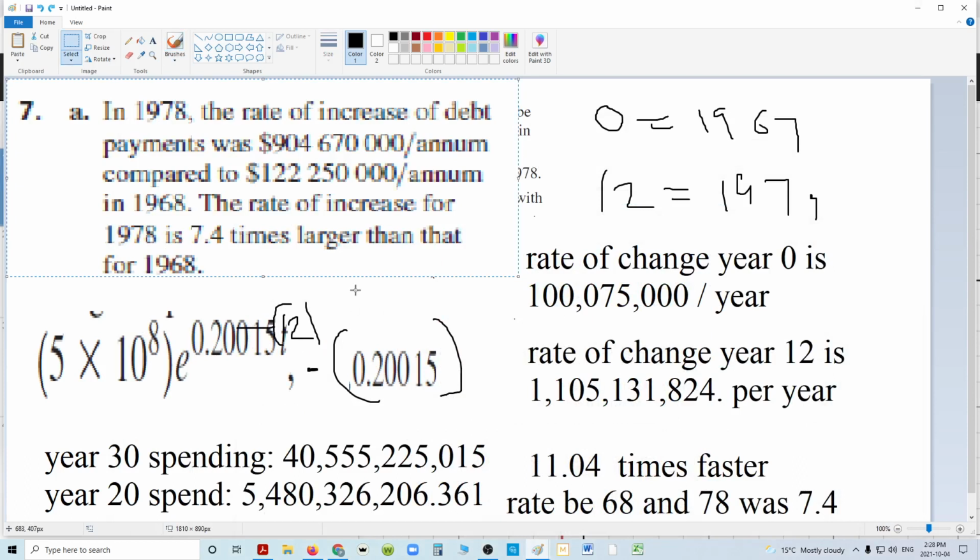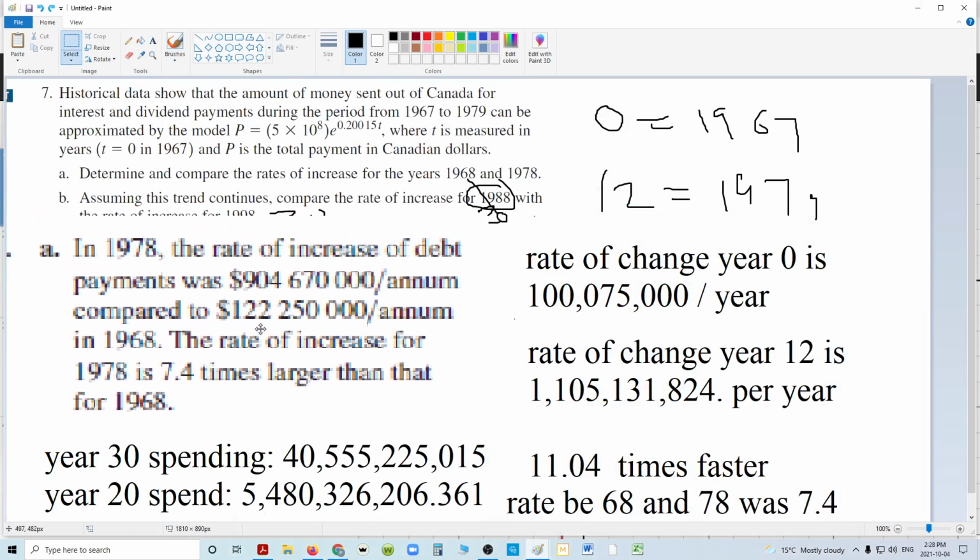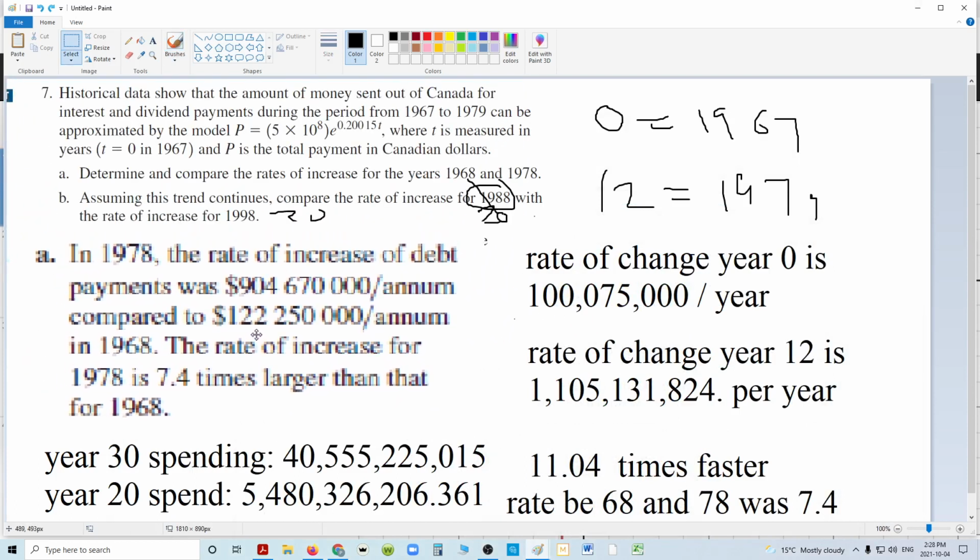It's really weird because they're giving the actual, we got the second part right, 7.4, but they didn't actually calculate the first part, and we didn't quite get the right amounts.